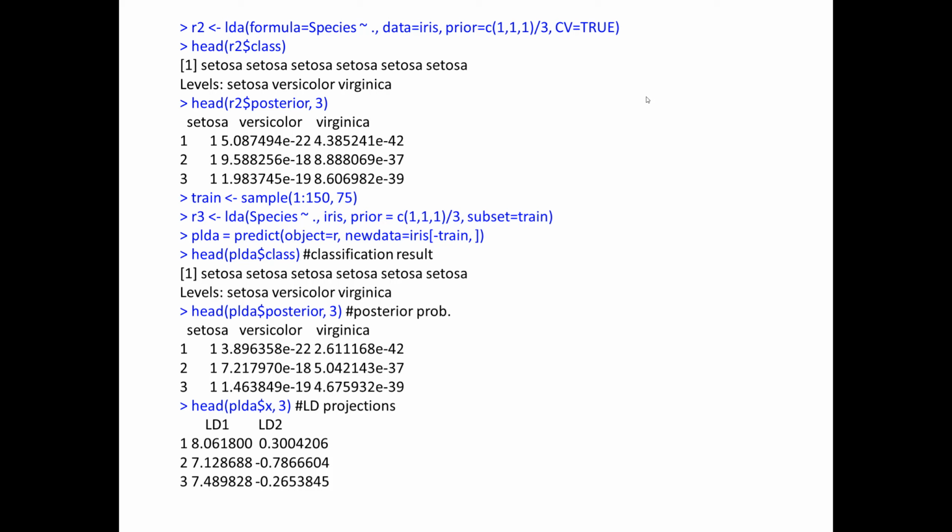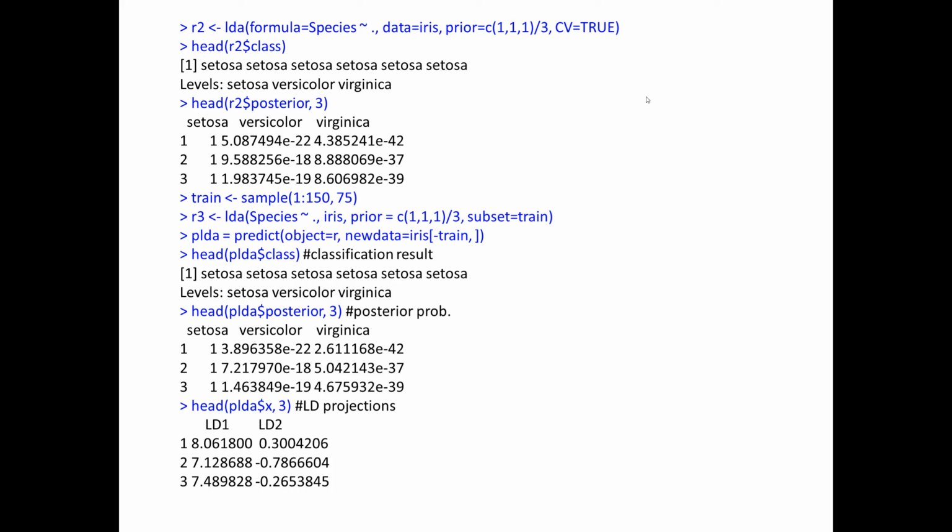So on this slide we've used the LDA command again, but this time with CV equals true, to use a leave one out cross-validation and return a named list of components. So you've used cross-validation now and should understand what that's doing.